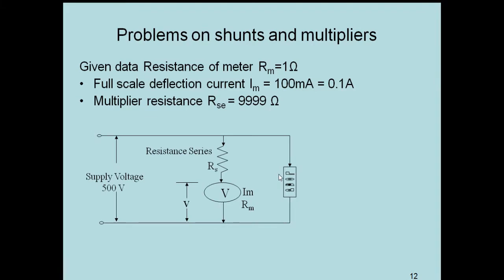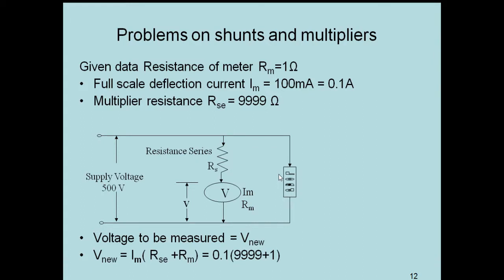This is the equivalent circuit diagram, and the voltage to be measured is V. V is equal to Im into (RSC plus Rm), which is equal to 0.1 into (9999 plus 1). So it will be 1000 volts. So we can increase the range to 1000 volts. By using this meter we can measure a voltage of 1000 volts.